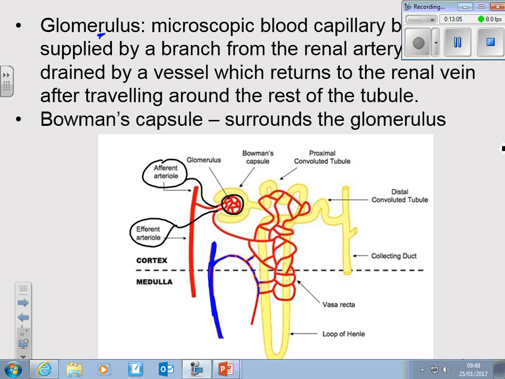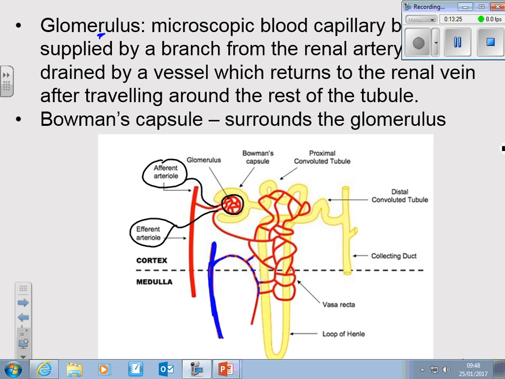The perimeter of a shape is measured outside, isn't it? So peritubular means around the outside of the tubules. They then drain back to the renal vein. But that's a story for much further on.